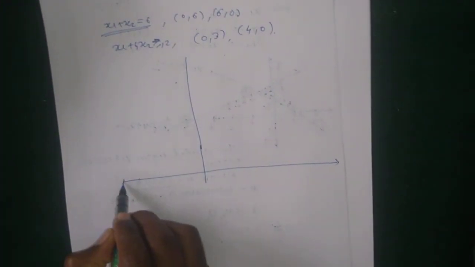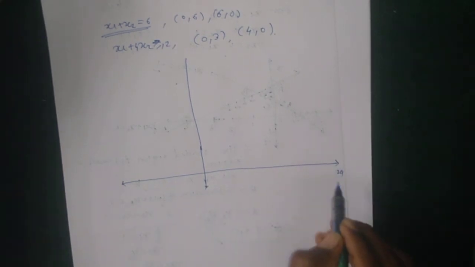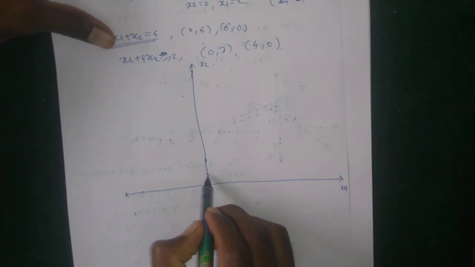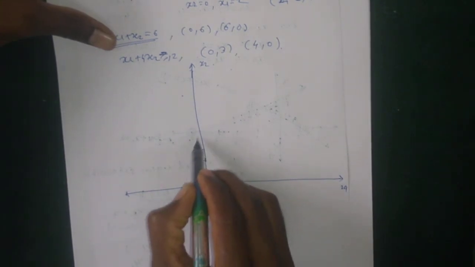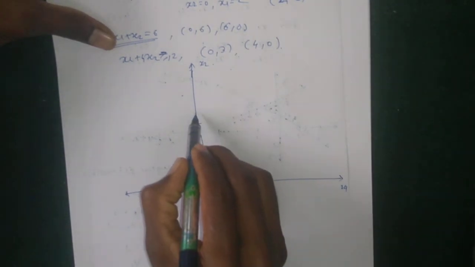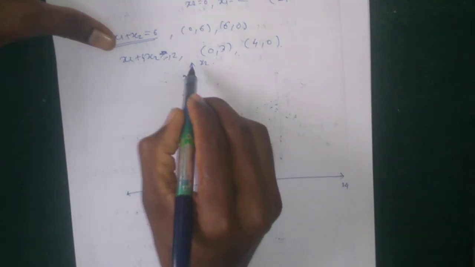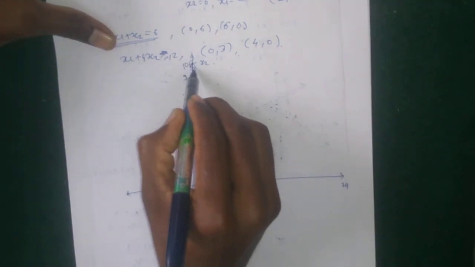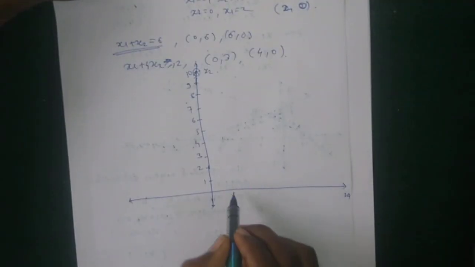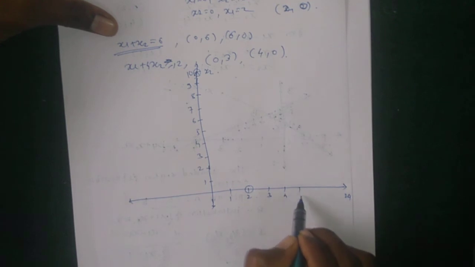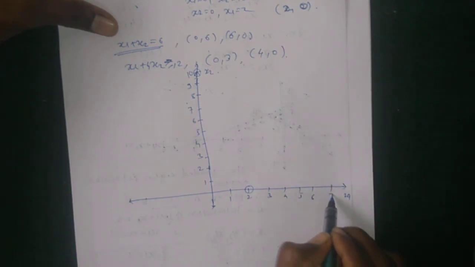This is a graph. This is the x1 axis, this is the x2 axis. Okay, here 1, 2, 3, 4, 5, 6, 7, 8, 9 and 10. Here 10. Okay, 0, 10 and 2, 0, 1, 2, 3, 4, 5, 6, 7.